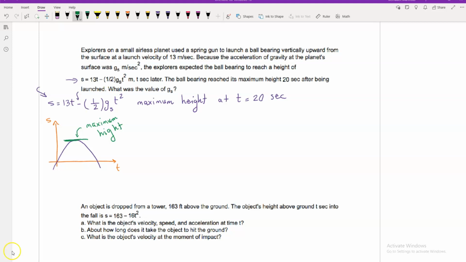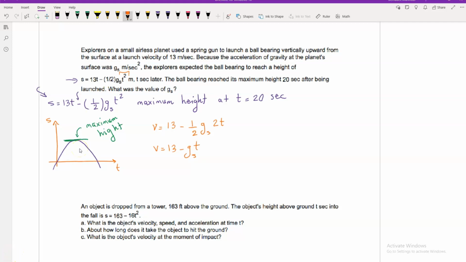So here we want to find the relationship between the time at maximum height and the position and the velocity. Finding velocity, that is equal to 13 minus 1/2 g sub s, and here we have t squared. The derivative is 2 times t, and now we can cancel 2 from numerator to denominator, so that will be 13 minus g sub s times t.